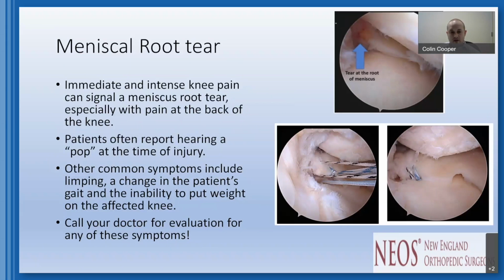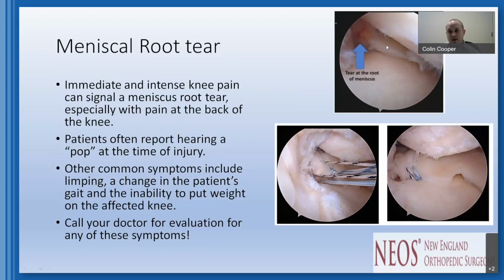If you have a complaint such as acute swelling, inability to bear weight, or if you're limping, those are reasons to call your doctor to get evaluated sooner, because these are one of the tear patterns that we can often fix. Before, we weren't treating these surgically, or we were doing meniscectomies, taking away the damaged area of the meniscus.